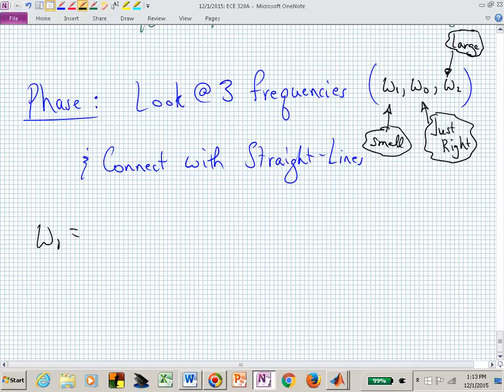It's all relative to omega 0, which is really our break frequency. So this is the just right, but this is also our break frequency. What is the small frequency relative to omega naught that we've agreed to? Do you remember? That was a decade below the break frequency, or a factor of 0.1.